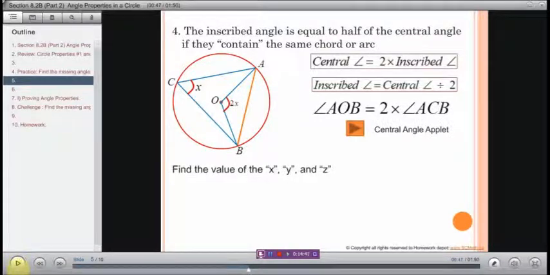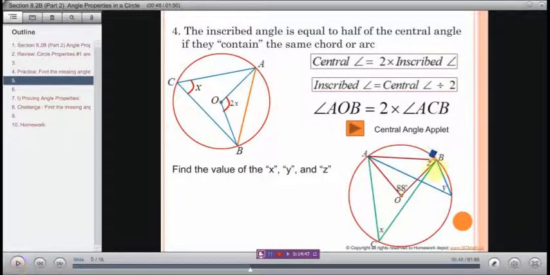Okay, so here's a little problem for you to handle. Find the value of x, y, and z in this triangle here. Okay, so this is not that big a deal. There's a central angle, 88. It's coming from this chord AB, or this arc AB. Like it says, inscribed angles that come from the same chord as the central angle are half.